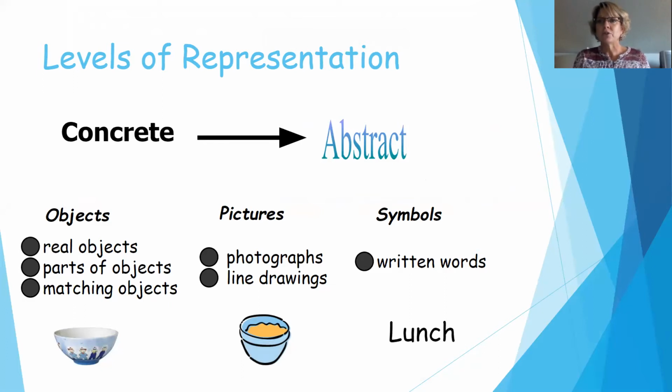Then we'll move on to pictures, either real photographs or line drawings of pictures. And then we have students who move on to more abstract symbols like reading written words.